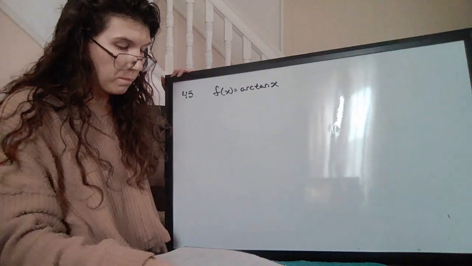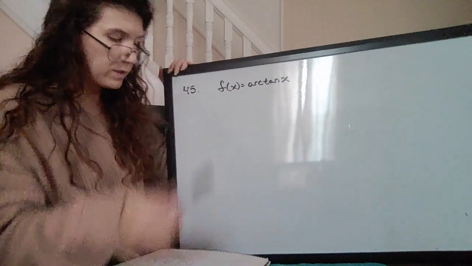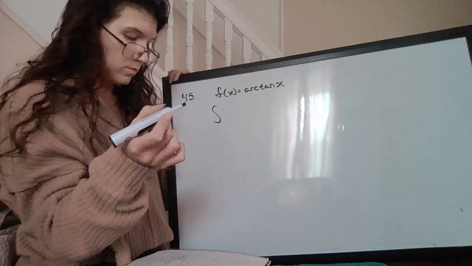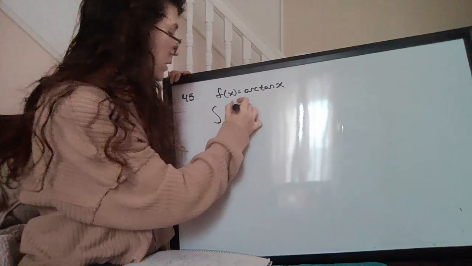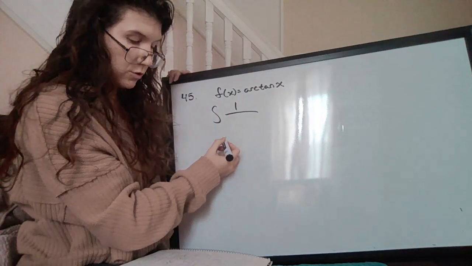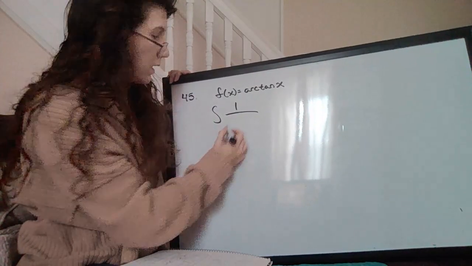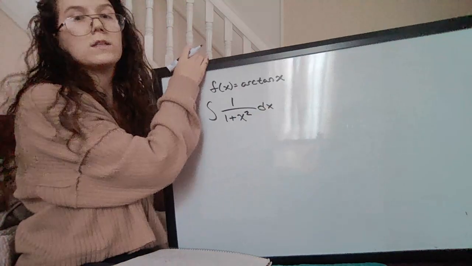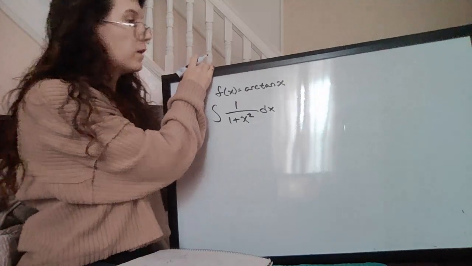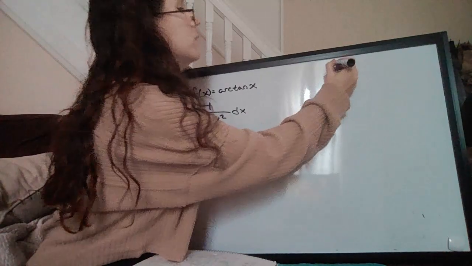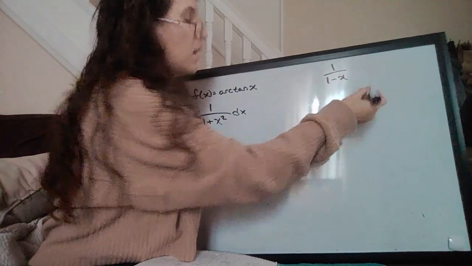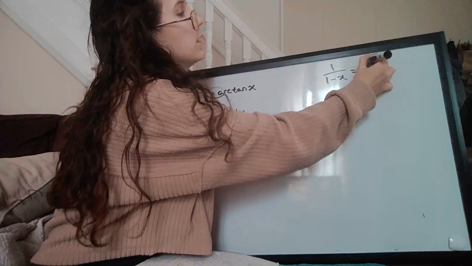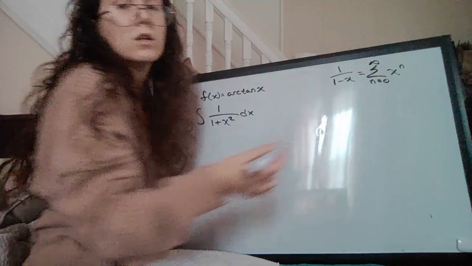If we remember that if we take the derivative of arctan, I'm writing integral because if we were to take the derivative of this, then we would get 1 over 1 plus x squared. And since we just start off by taking the derivative, again, we want the form 1 minus x in our denominator, or something else in the place of x, so that we can plug it into this series representation.